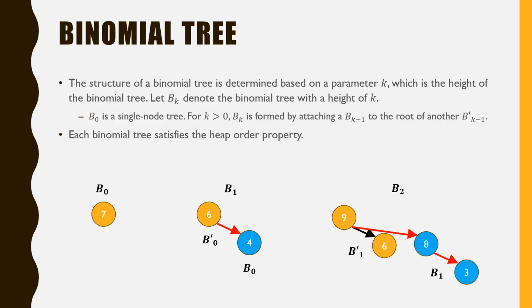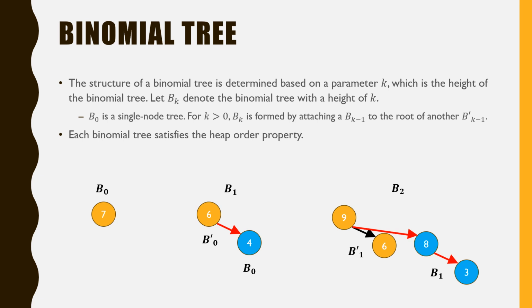Let's begin by introducing the concept of a binomial tree. The structure of a binomial tree is defined by its height k. Let Bk denote a binomial tree of height k. When k equals 0, the binomial tree consists of a single node.